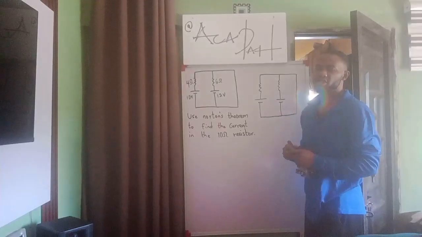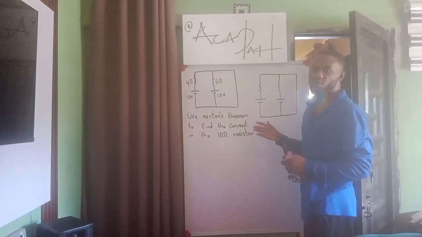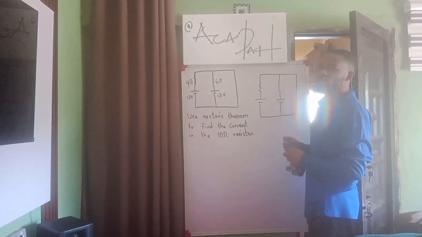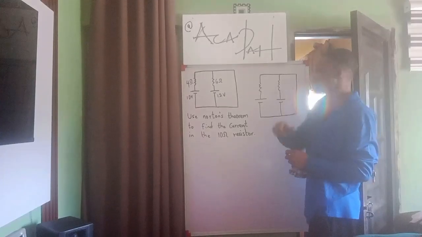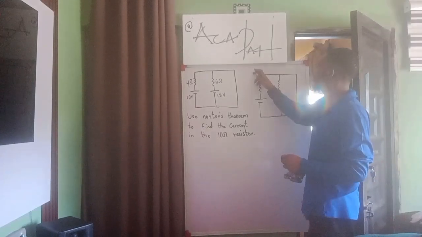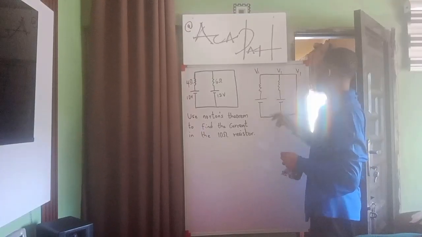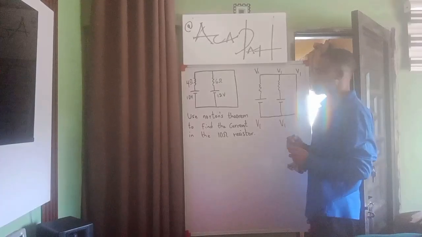So it simply means that what this particular circuit has, removing that 10 ohm resistor, is just a node. So if that is the truth, I'll call this V1, call this V1, call this V1, this is V1, V1 and V1. So it has just one node.